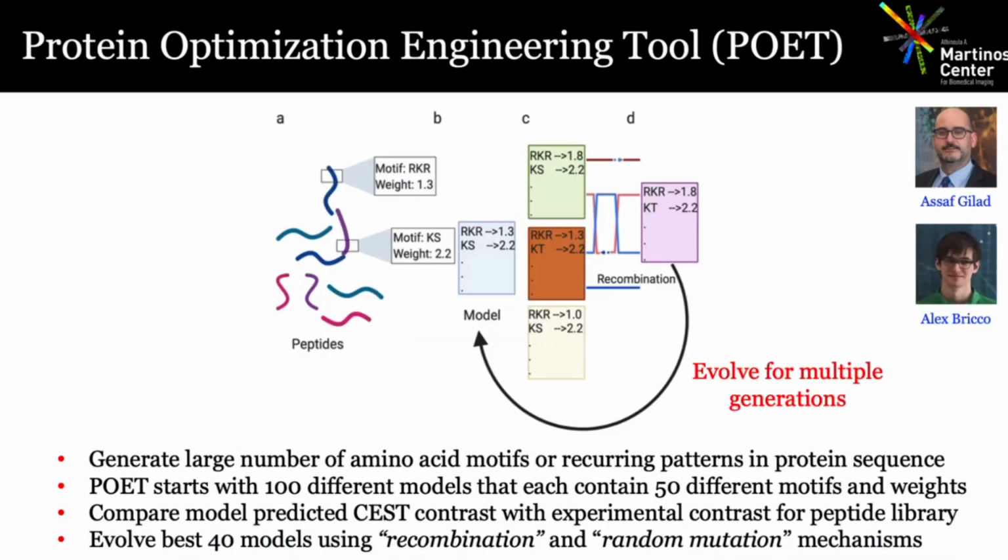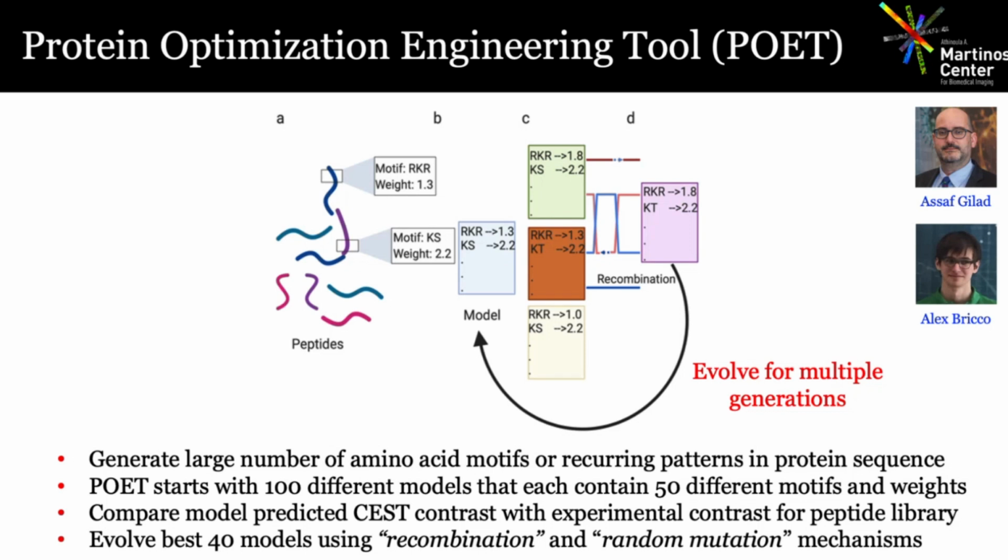And how does this work? Well, basically, we started with about 100 different models, and each model consisted of 50 different amino acid motifs, which each have a certain weight in terms of how good they are for the CEST contrast. Then you look at what CEST contrast these models predict, and compare it to the actual experimental data you get for certain peptide sequences.